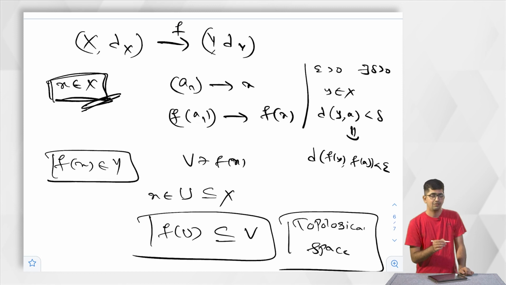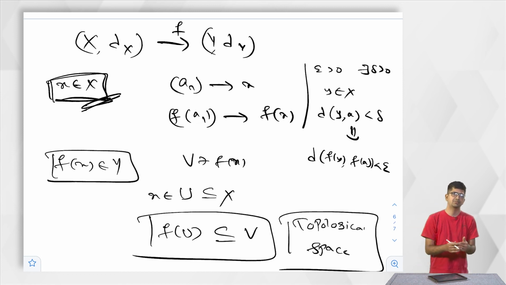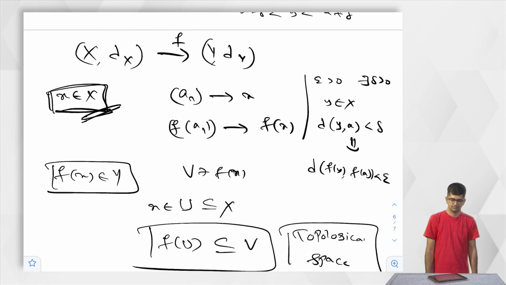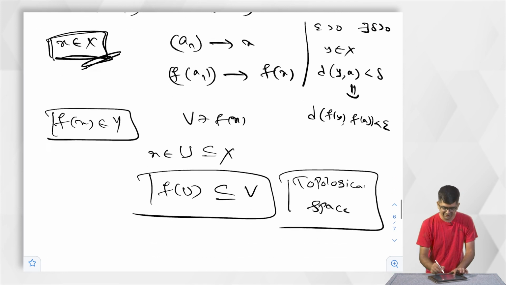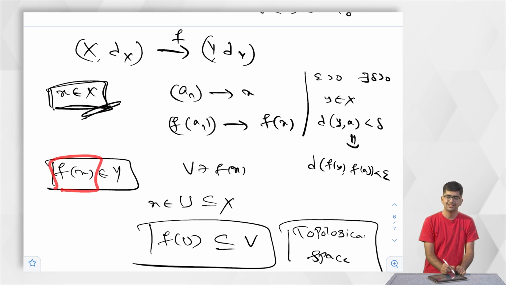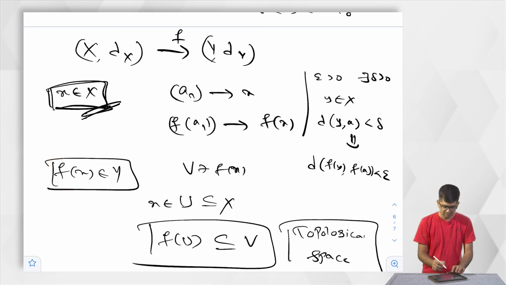using a metric, one can talk about the notion of open subsets. Whatever open subsets there are in R, one can just copy and paste the idea to talk about open subsets in metric spaces. Using open subsets of metric spaces, one can give a definition for continuity of maps between metric spaces. A function f is said to be continuous at x if for the image some condition is satisfied. What is it?